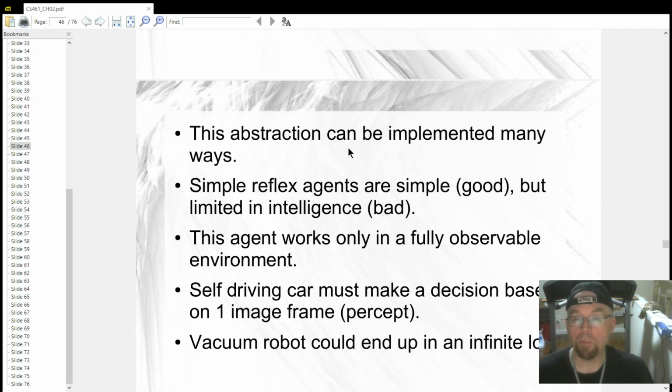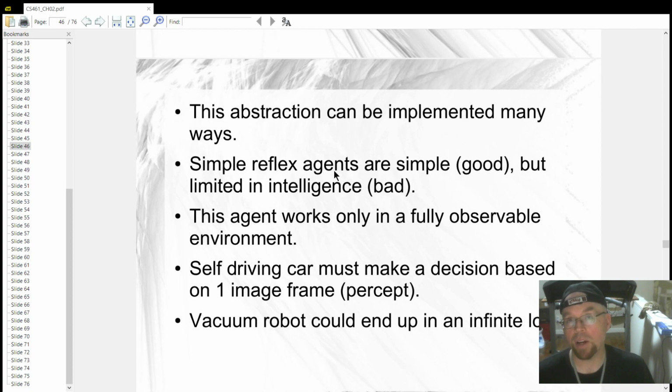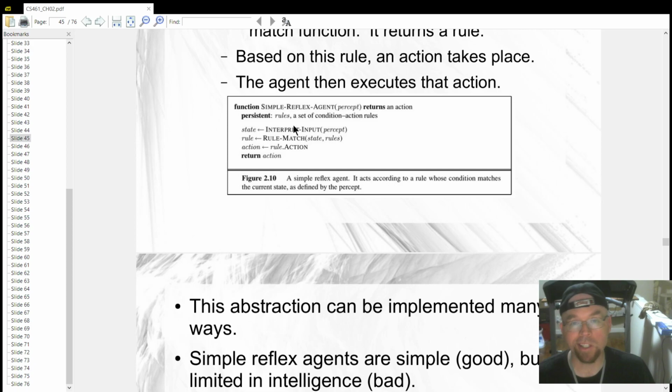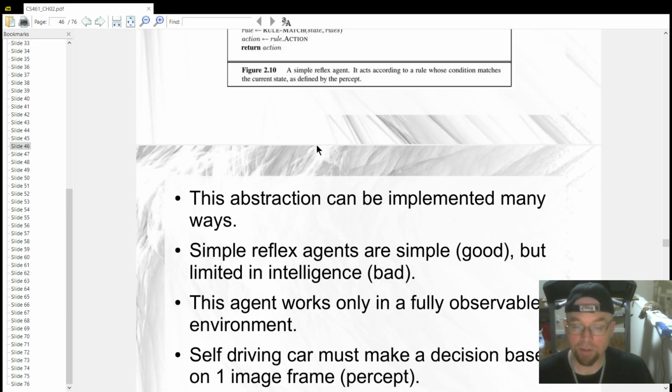Okay, so there are many different ways you can implement that abstraction. I've been trying to stress that. Different languages, and how you actually write the if-else condition action rules. Is this going to be some kind of an array? Is it going to be a vector of some kind? Is it going to be some kind of dictionary? Whatever.